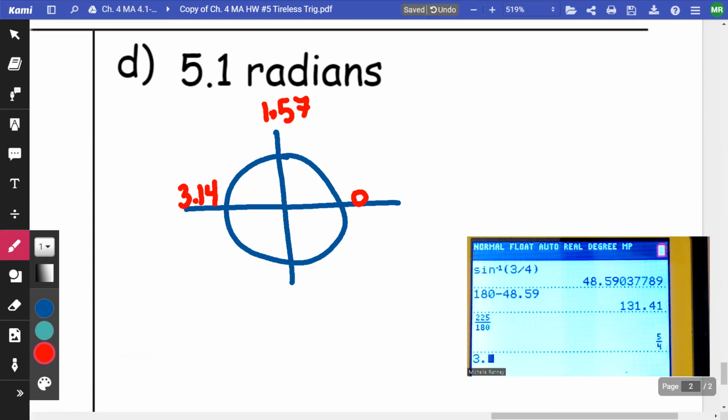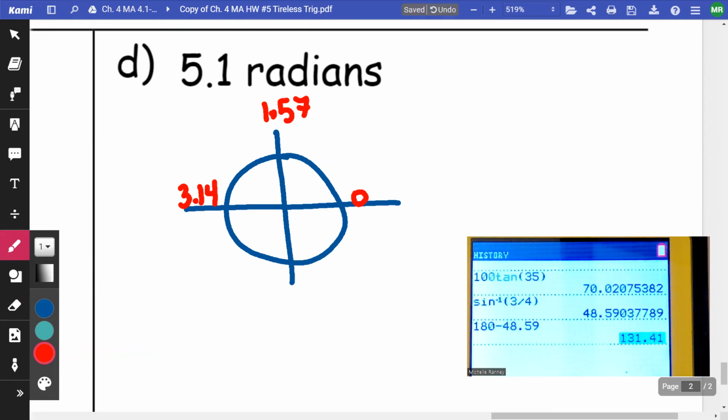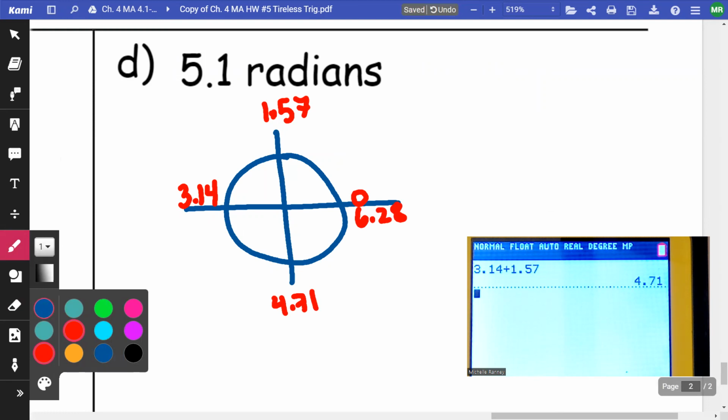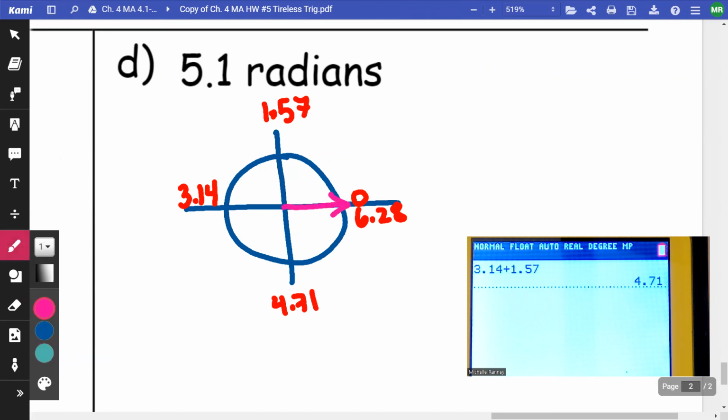And if I take 3.14 and I add 1.57, I get 4.71, and then here, this is going to be 6.28. So I am going to be over here. Let me just draw it out. So I would be starting here, and I'm going to be somewhere in here. And really, I'm going this direction.